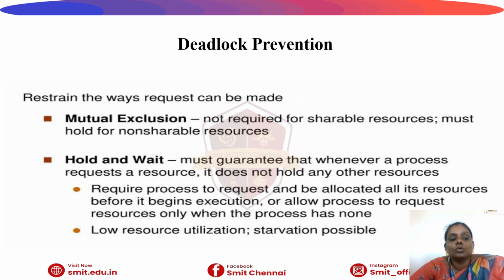Do not allow circular wait. Allow resource preemption. In mutual exclusion, it is not required for shareable resources, but must hold for non-shareable resources. And in hold and wait, we must guarantee that whenever a process requests a resource, it does not hold any other resource.